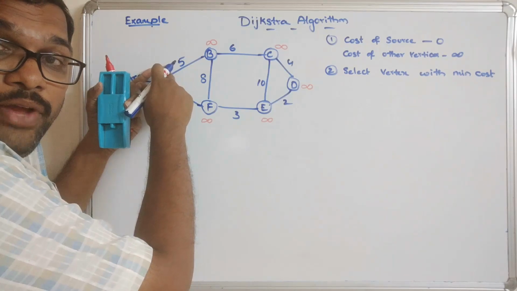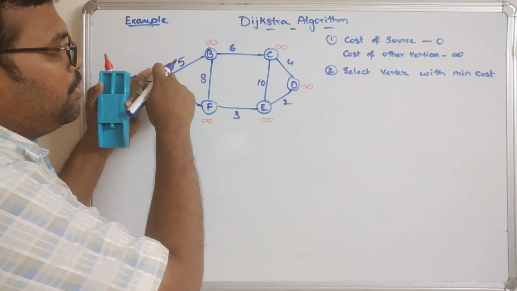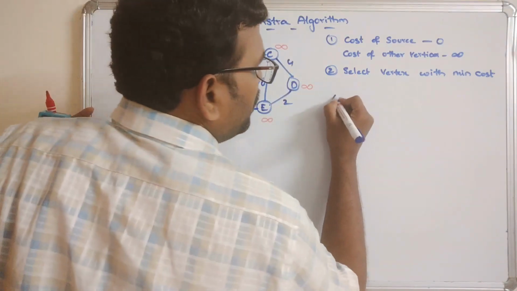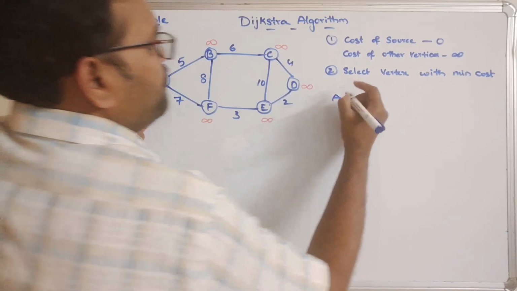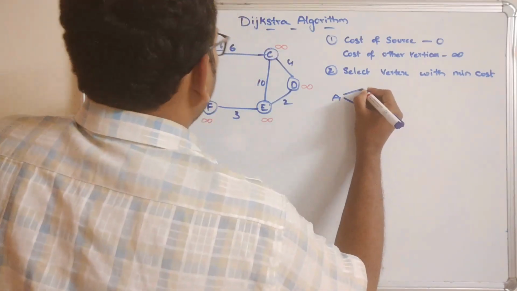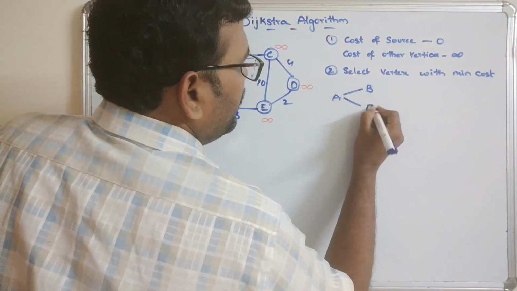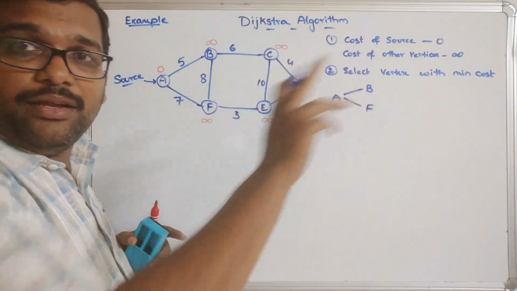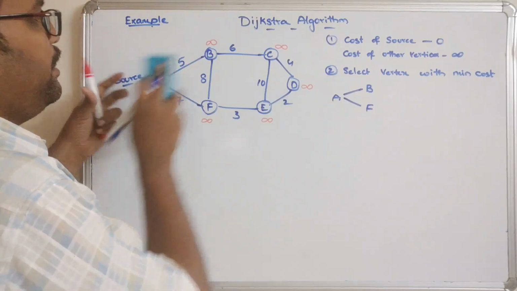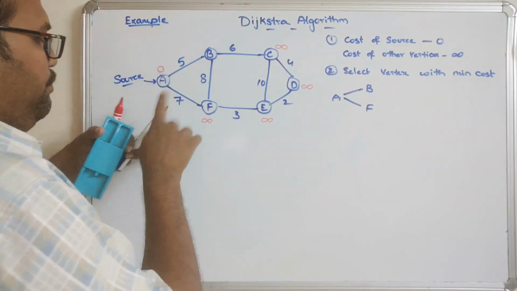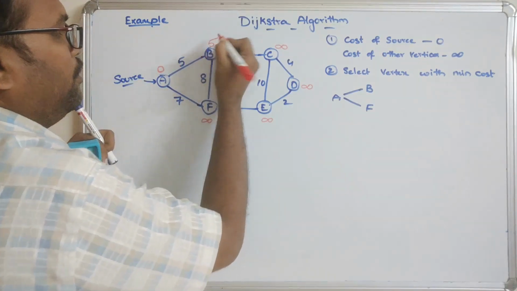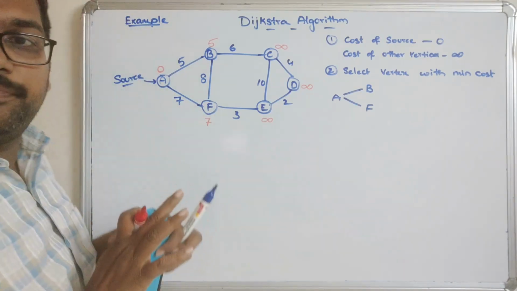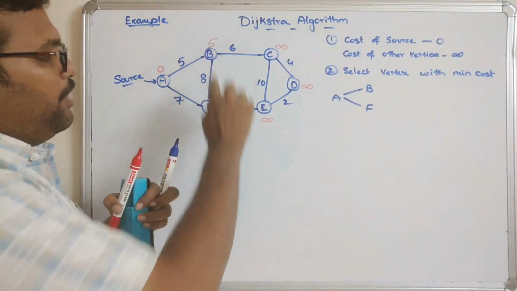Now we have to update the cost of adjacent vertices. So let us select A. What are the adjacents? B and F. So update the cost of B and F. This is a direct edge, so we can update with 5, and here it is 7.